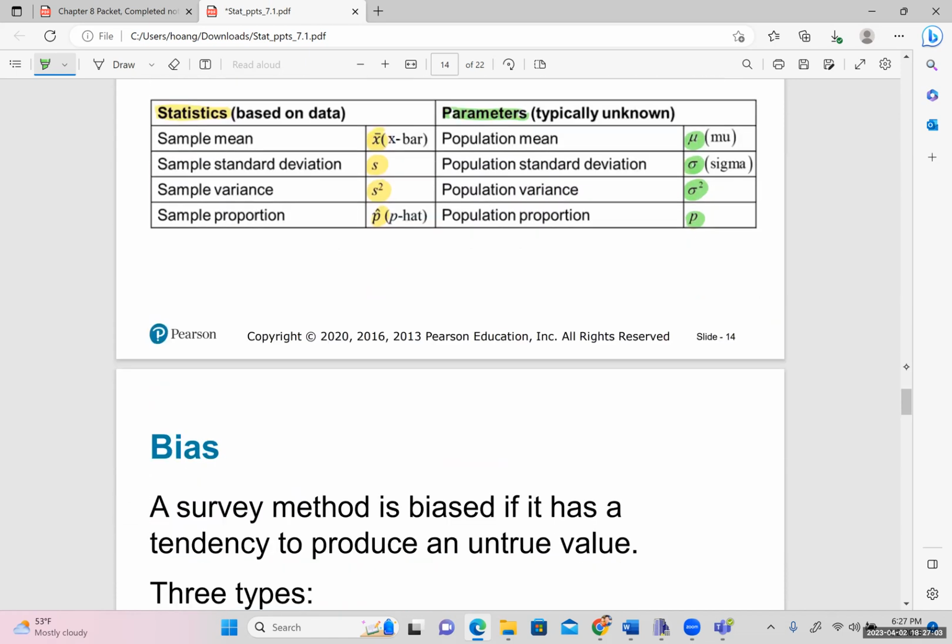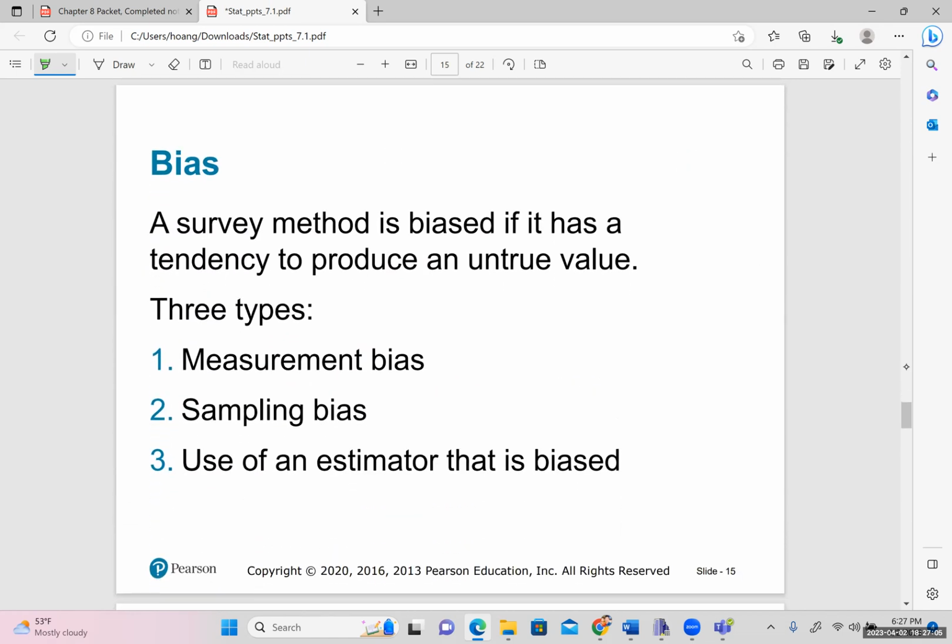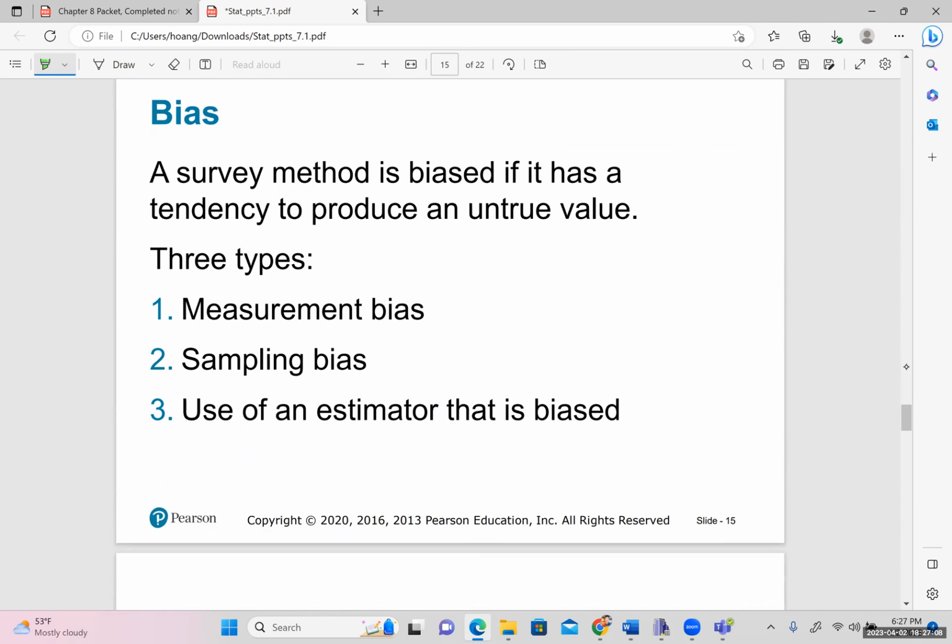Let's talk about bias. A survey method is biased if it has a tendency to produce untrue values. There are three types you have to consider. First, measurement bias. Second, sampling bias.